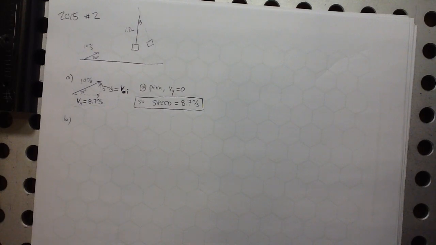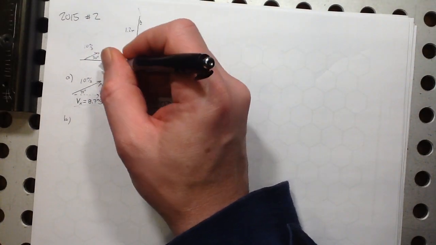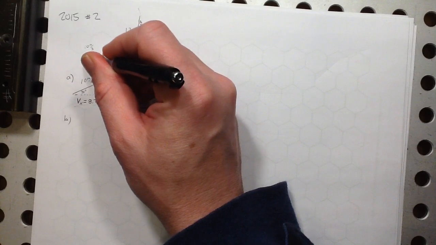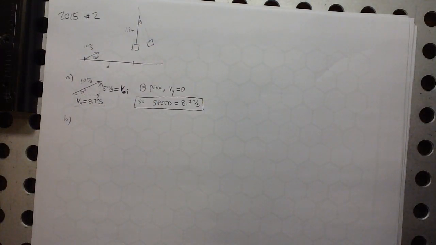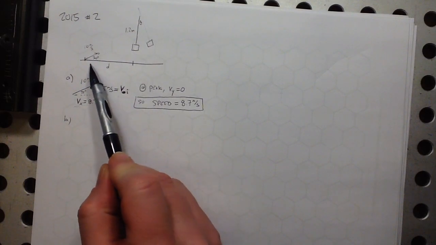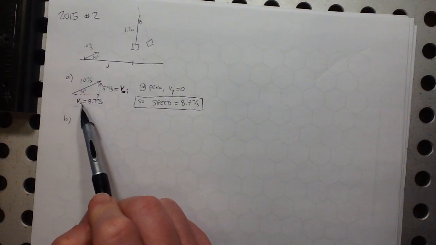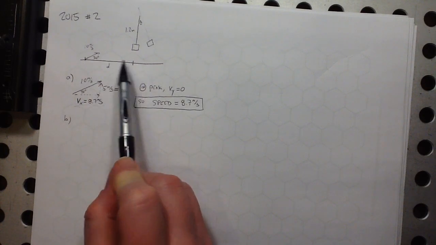B, calculate the horizontal distance between the launching point of the dart and a point on the floor directly below the block. Well, they want to know what this distance D is right here. If we just knew the time to get from here to here, then we could just use velocity equals distance over time for the constant horizontal motion.